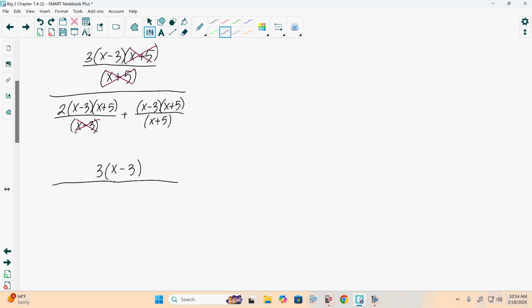On bottom, in the first fraction, x minus 3 and x minus 3 will cancel, leaving us with 2 times x plus 5. Plus, in the last fraction, the x plus 5 and x plus 5 will cancel, leaving us with x minus 3. Questions on this here?